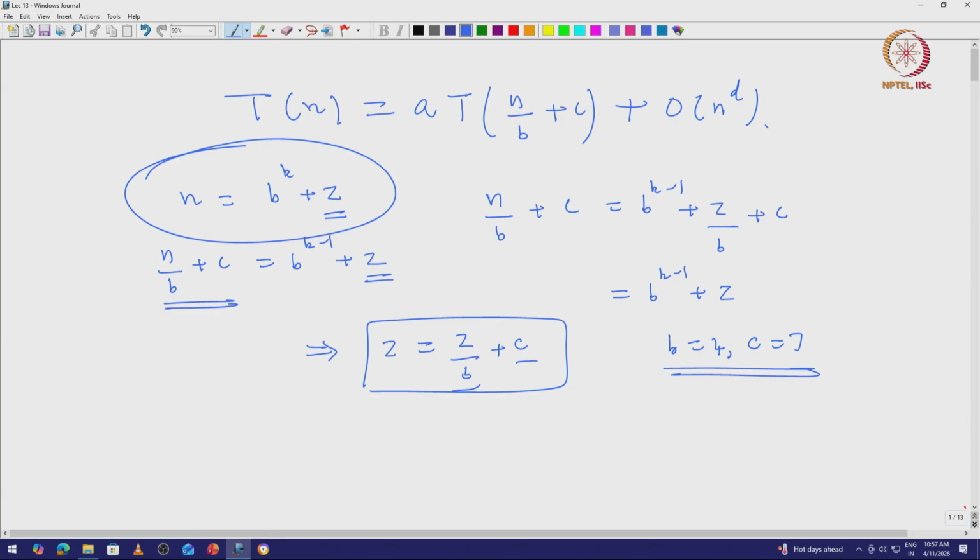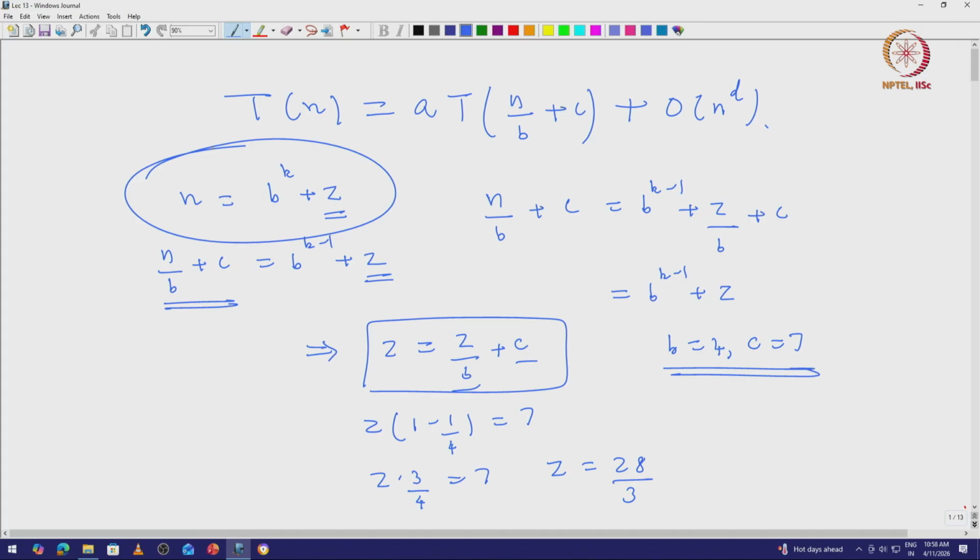I want z equal to z by 4 plus 7, therefore z times 1 minus 1 by 4 should be equal to 7, that is z times 3 by 4 equal to 7, therefore z is equal to 28 by 3, but I want z to be an integer. So, just take the next integer, it should work.